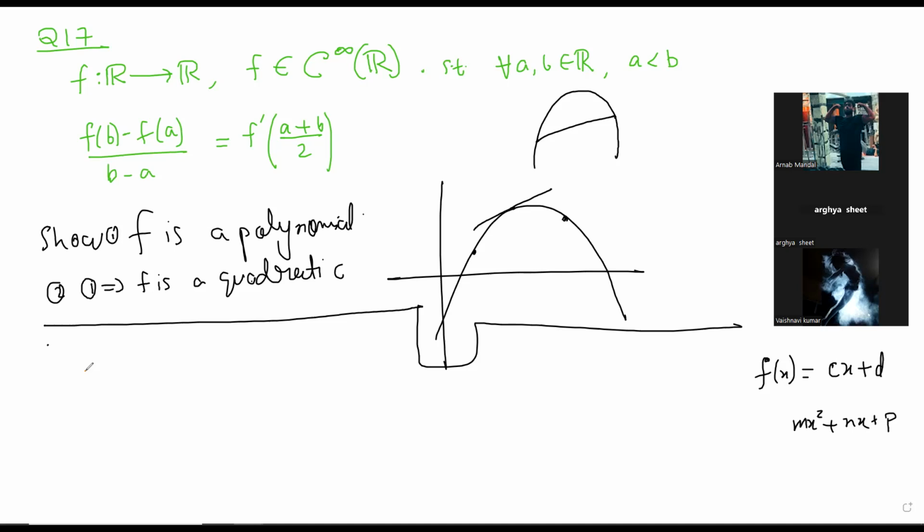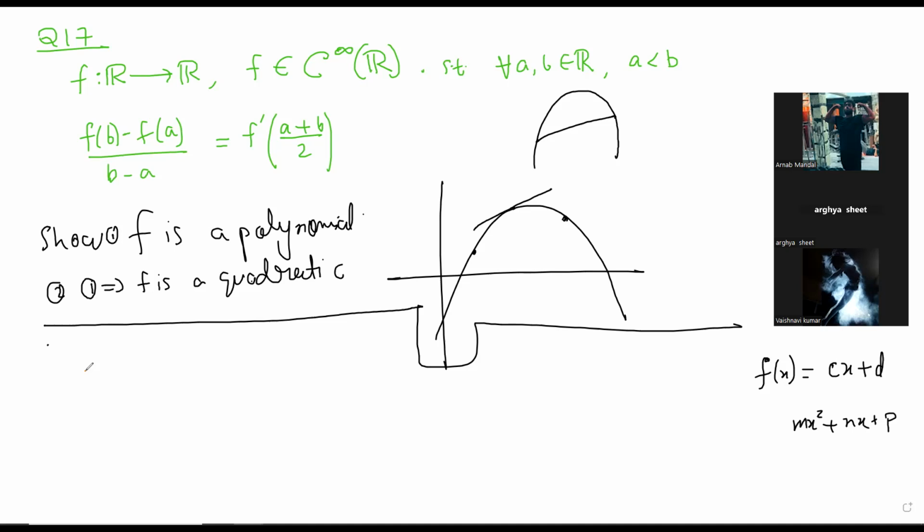How do you prove that something is a polynomial? Because f is only C infinity, so it's only infinitely differentiable. It's not given that it has a power series.